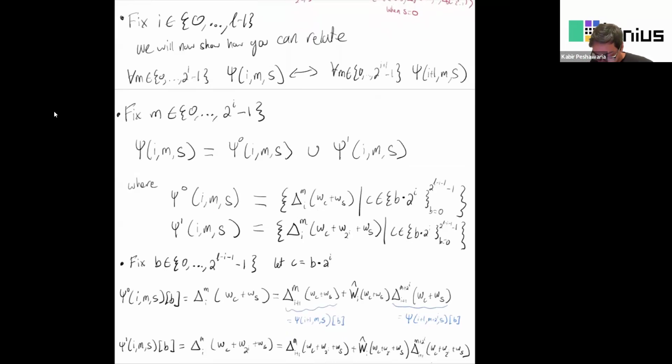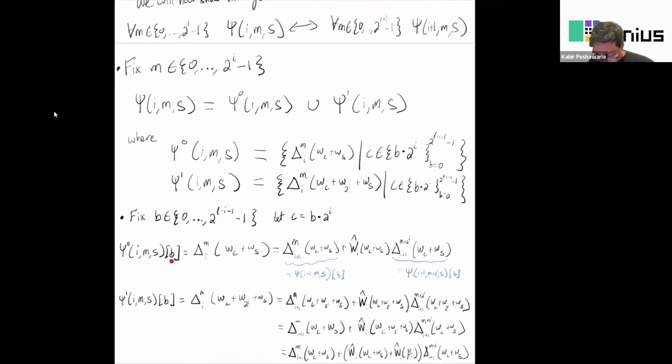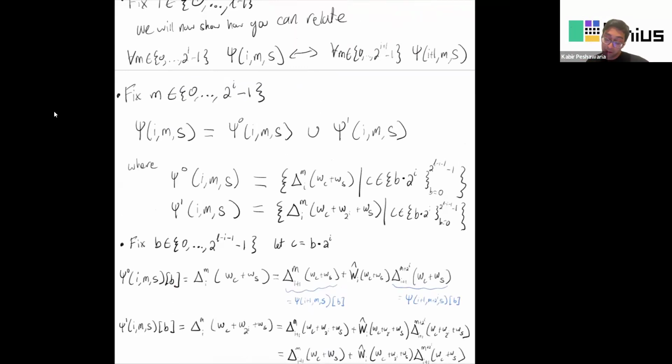Now let's fix some B. So B is going to be our index into this set. Weird wording for a mathematician, but whatever. So how do we figure out what the Bth value of psi 0 is and the Bth value of psi 1? So recall that psi of I plus 1 is going to have size half of psi of I. Psi of I is going to have size twice of psi of I plus 1.